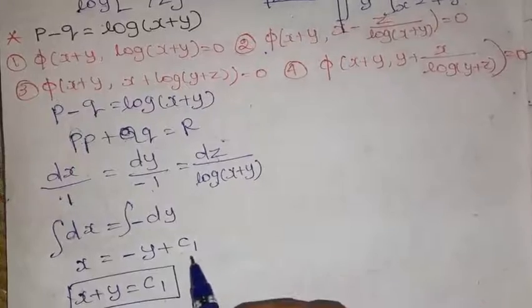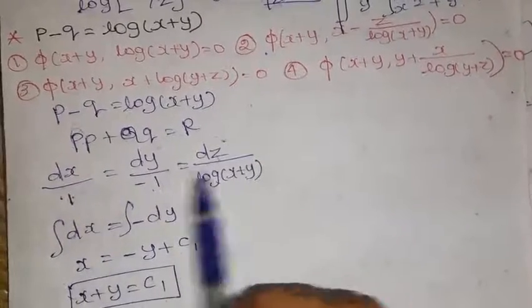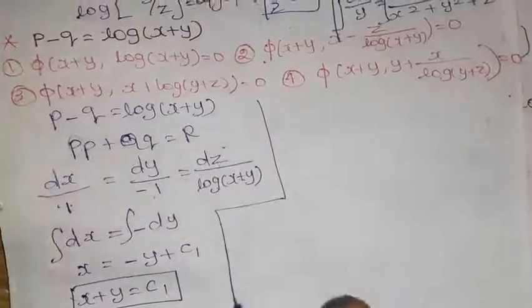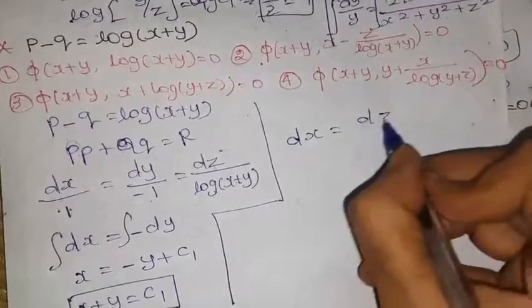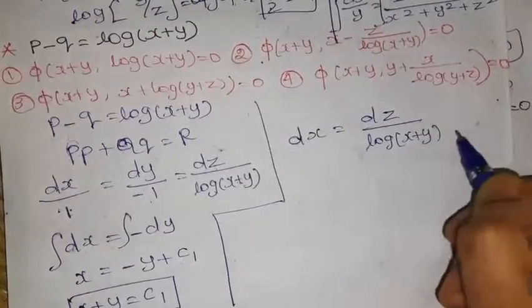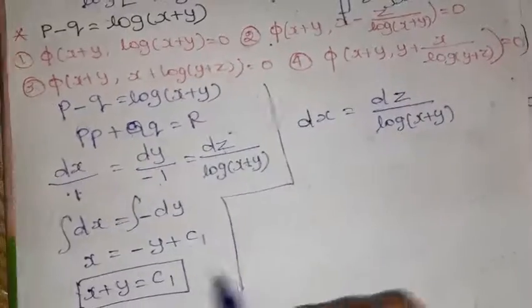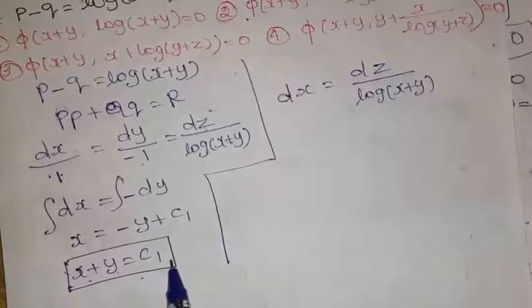See, how can we eliminate this? Then equating first and last ratio, dx equal to dz by log of x plus y. So how can we write? We know that x plus y equal to c1.